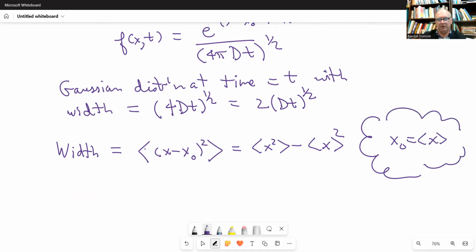If you just expand this out and use the fact that the angle brackets distribute across the terms of a sum, you'll end up with this.